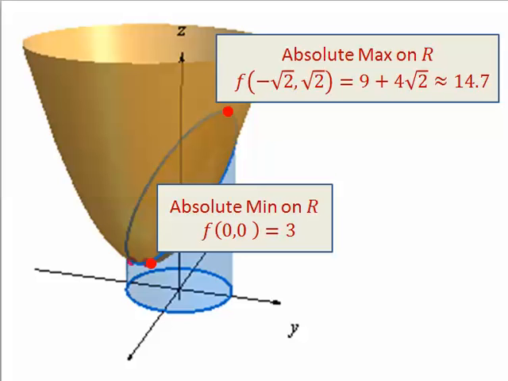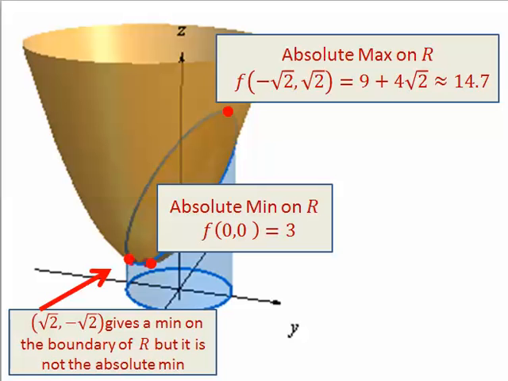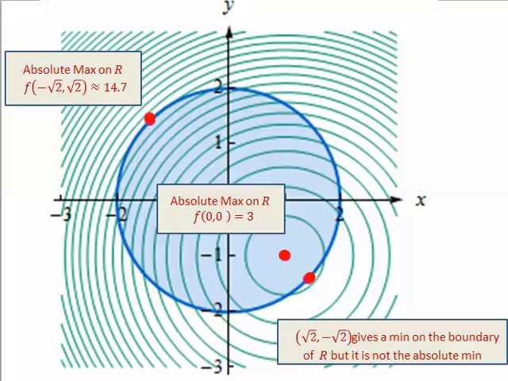The max occurs on the boundary, the min occurs on the interior. The third point that we found gives a min on the boundary, but it's not the absolute min. And here is the same graph, but in terms of level curves.